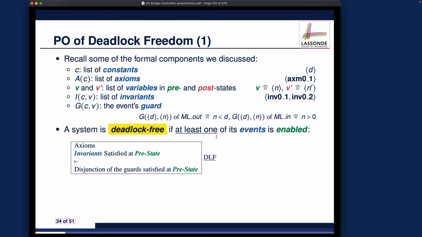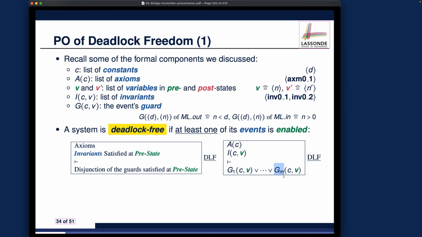Let's now take a look at the formal rule, and then I'll do some annotation and we'll do some exercises together specific to our model M0. So that will be the rule over here. We've got the axioms over here, the invariants in the pre-state over here, and the disjunction of all the guards. Here we're assuming that this might be event number 1, its guard, and up to event number n. So we've got n events.